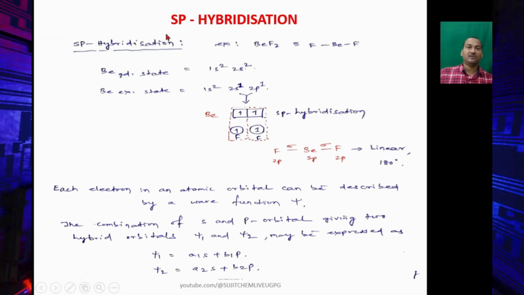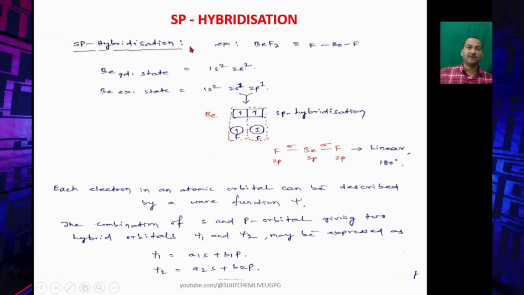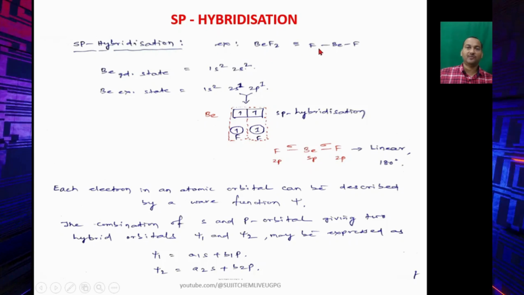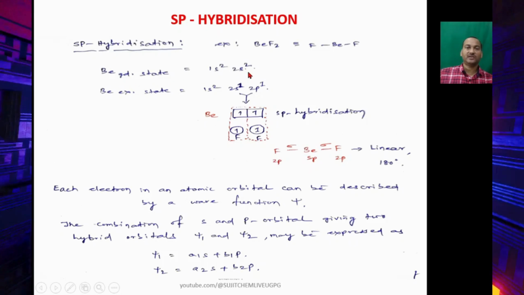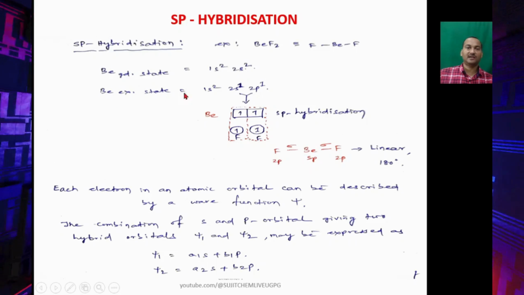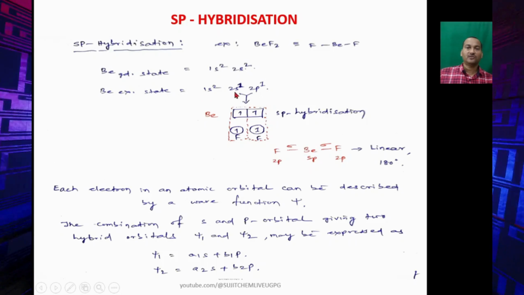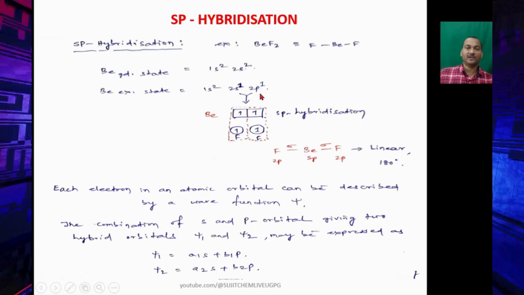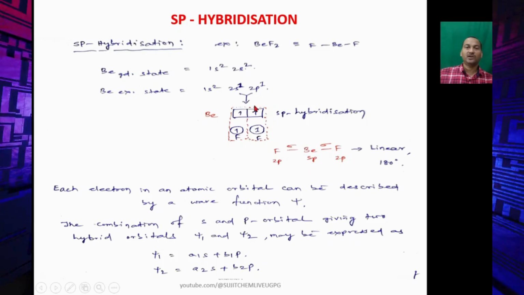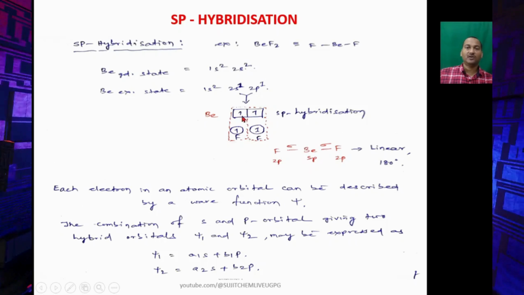So let's talk in detail about what is sp hybridization. So sp hybridization we see in the molecule BeF2. So beryllium ground state is 1s2 2s2 and beryllium in excited state will be 1s2 2s1 2p1. So 1 2s orbital and 1 2p orbital will intermix, giving rise to 2 equal sp hybrid orbitals, and each contains one unpaired electron.